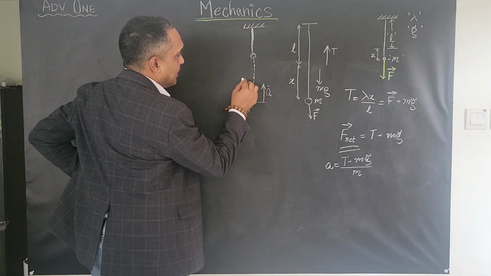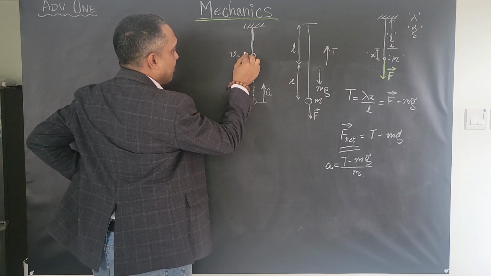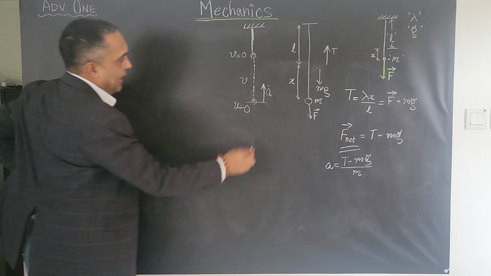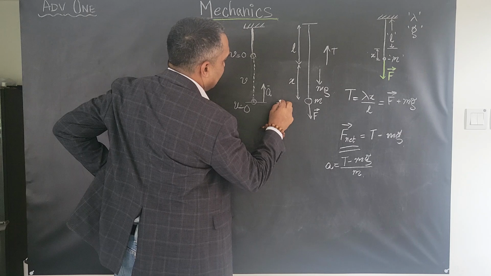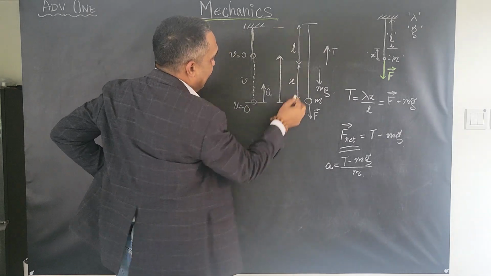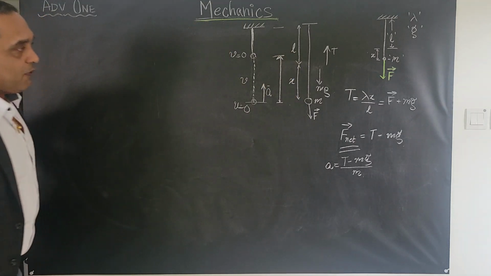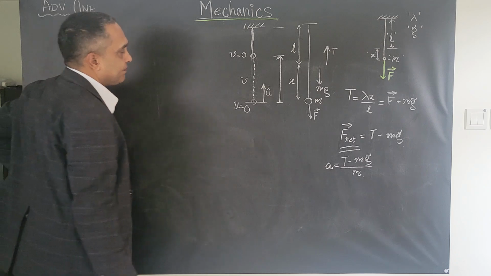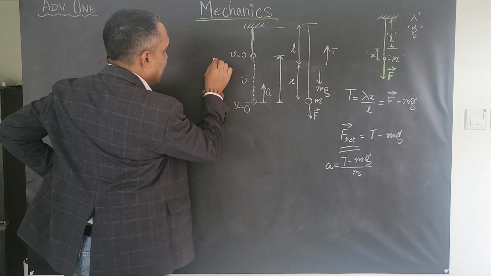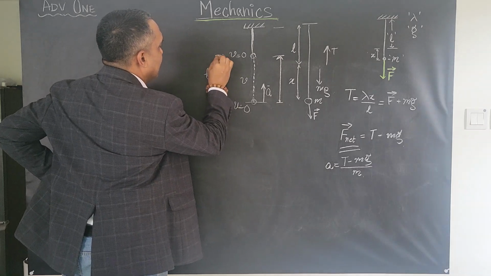Somewhere here, it's got a velocity v, and then it comes to a point where v is equal to 0. And it has traveled some length. Now this total length is L plus x. That hasn't changed, but this has traveled some length. We don't know how far it has gone, and it has taken some time for it to happen, right? Some time has elapsed for this event to occur.